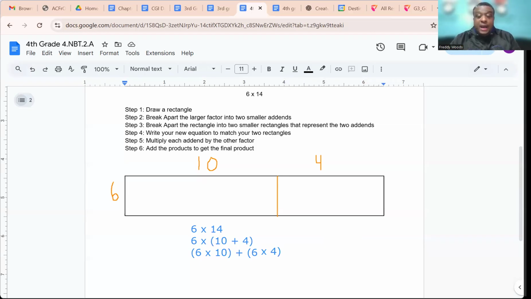Now I can solve this because my numbers are smaller and they're more friendly. I know that 6 times 10 is 60. Plus, I know that 6 times 4 is 6, 12, 18, 24. I do better at multiplying smaller numbers.